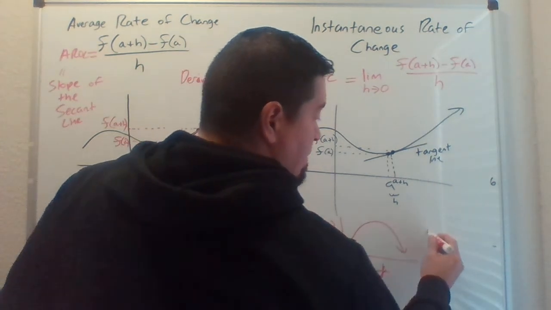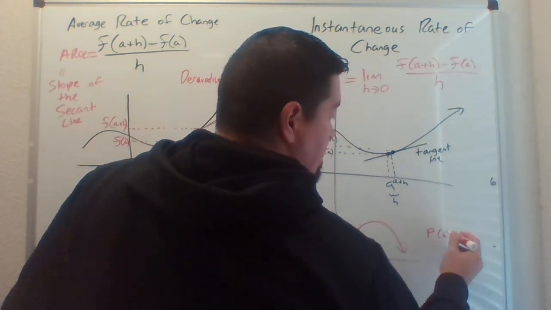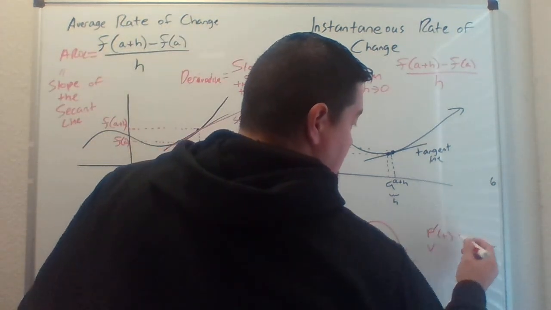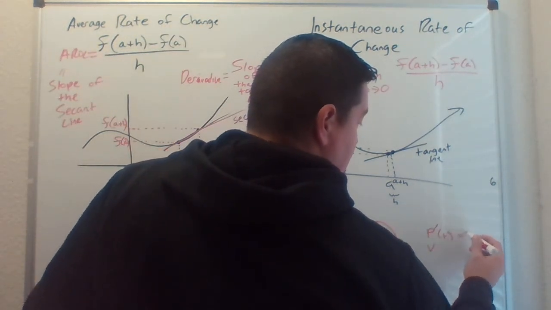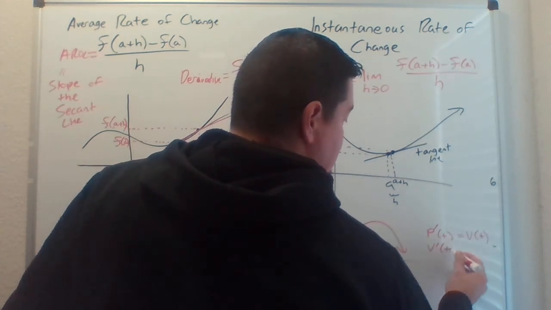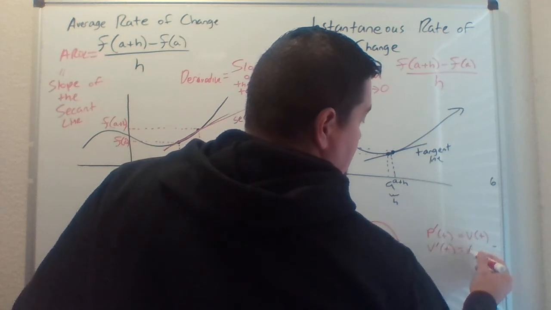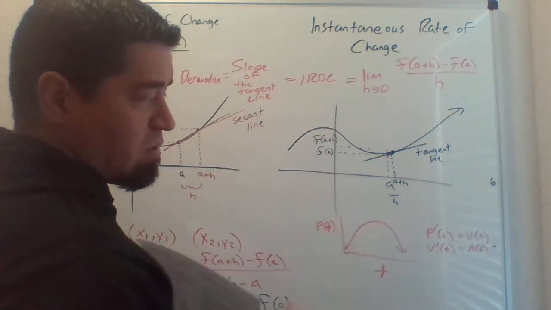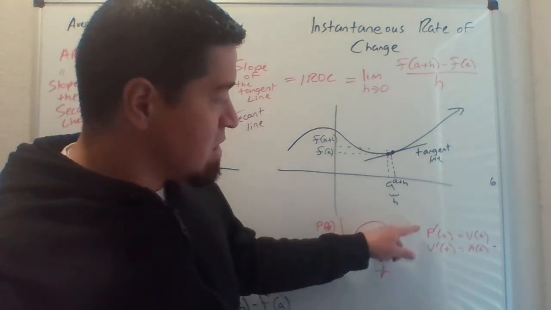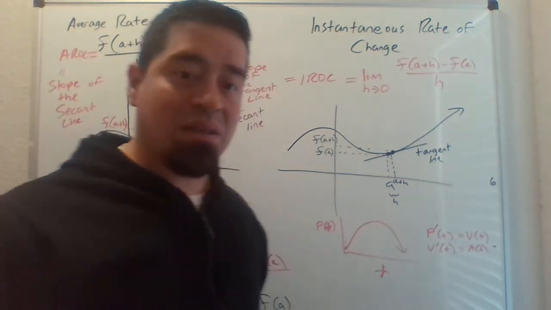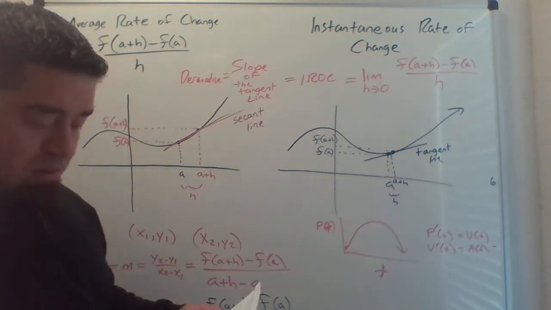If you take the derivative of the position, you're going to get velocity. And then if you take the derivative of velocity, guess what you're going to get? You're going to get acceleration. So those are some relationships. The rate of change of position is called the velocity, and the rate of change of velocity is called the acceleration. So those are some relationships that we'll see.